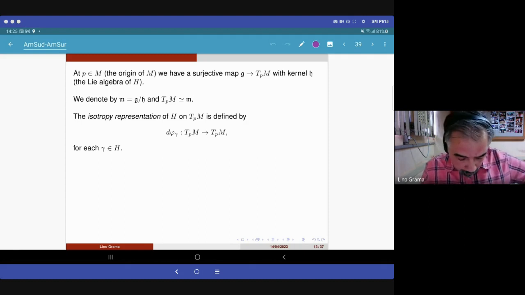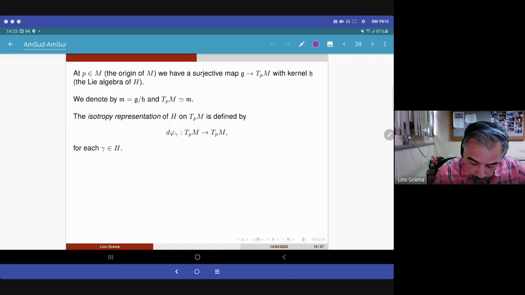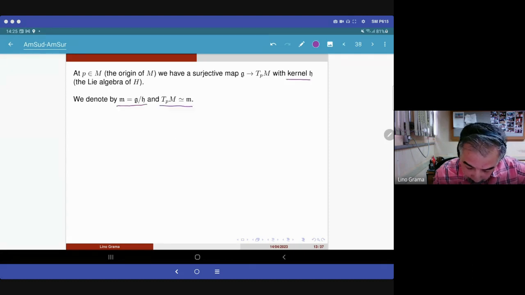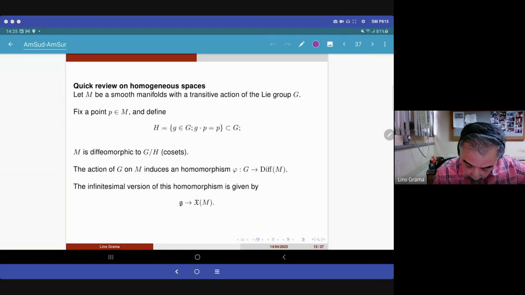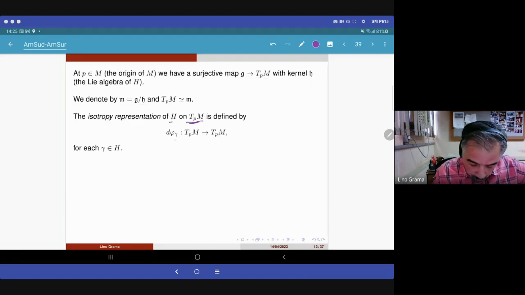Now we define the isotropy representation of the isotropy group on the tangent space at the origin, given by the differential of this phi, which is the action at some point in the isotropy. Because the isotropy fixes this point P, this is well defined. Okay.